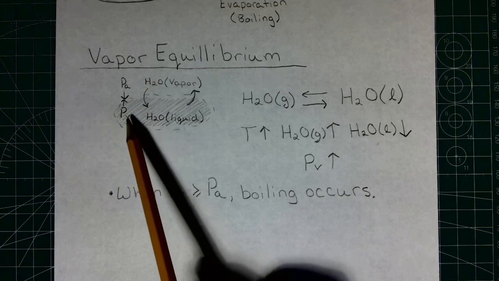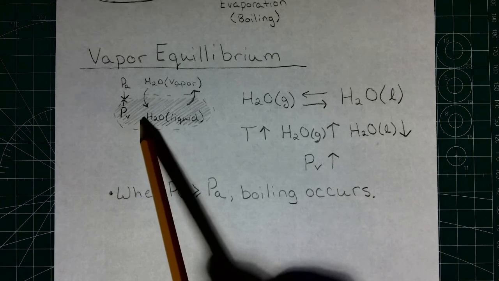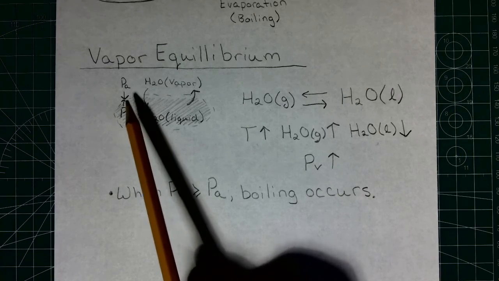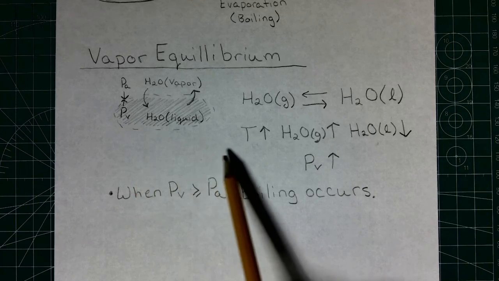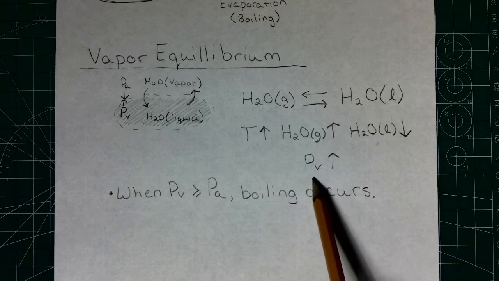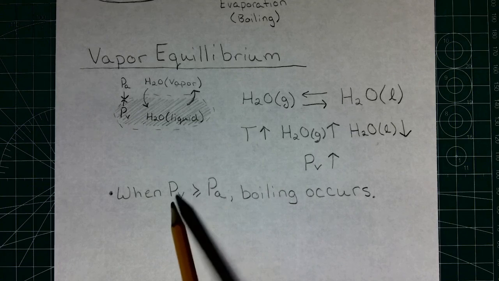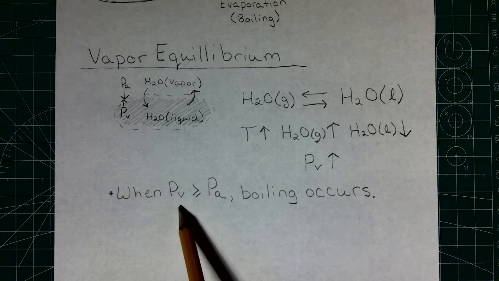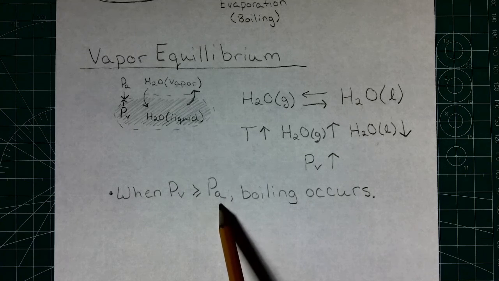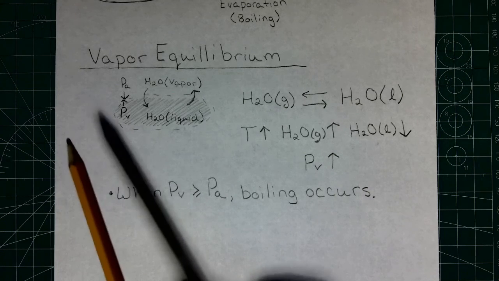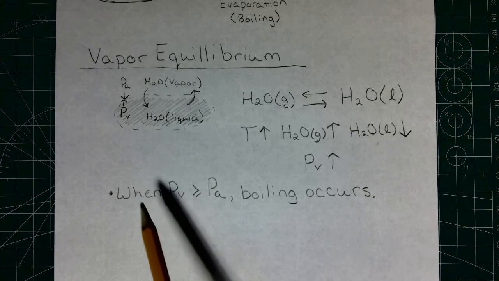Now, there is a pressure that the water is exerting on the atmosphere called the vapor pressure. The vapor pressure also rises as the temperature rises. And at some point, that vapor pressure could become greater than or equal to the atmospheric pressure, the pressure that's pushing down on the water from the air above it.